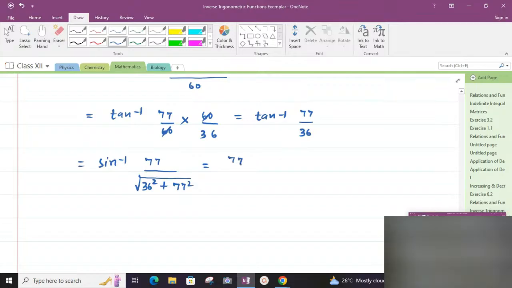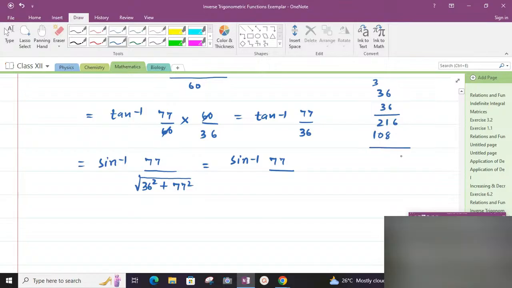So we write sine inverse 77 by the square root of, square of 36 which is 36 into 36: 36 and 3 is 216 and 8 0 is 1.